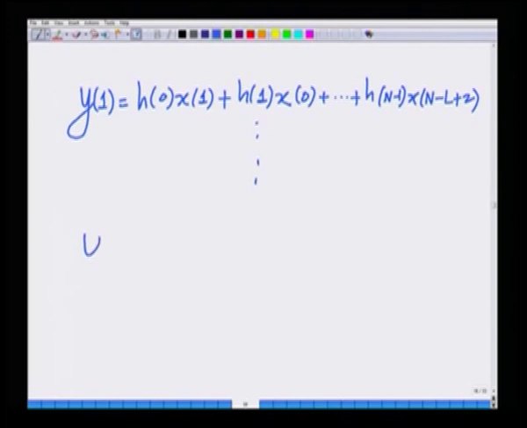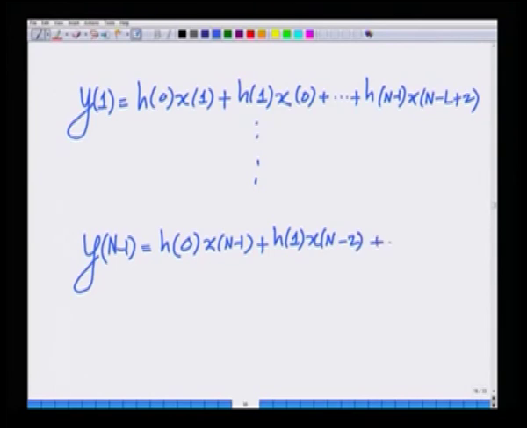In fact, you can look at the n minus 1 symbol, which is h0 xn minus 1 plus h1 xn minus 2 plus so on and so forth. Hence, I have removed the effect of intersymbol interference. Okay, that is the first thing I want you to observe.